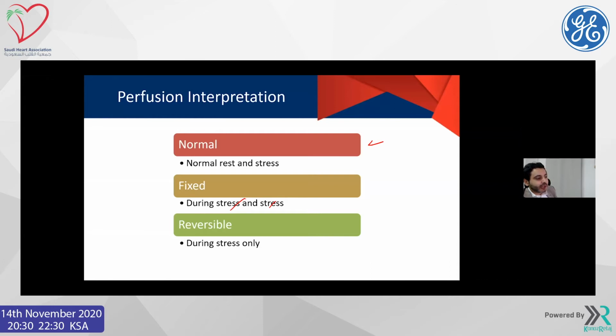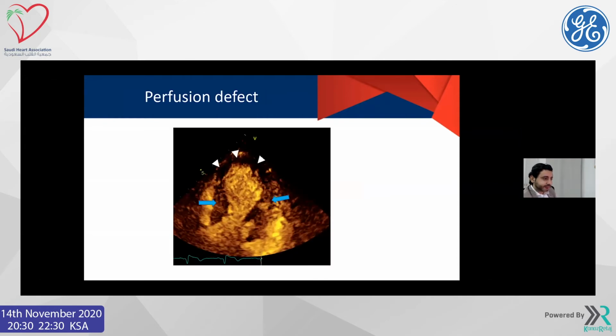Reversible is present during stress only, and it's not there during rest. So this is the interpretation. It's very easy, but you need the function of the Flash. So this is how you do it.